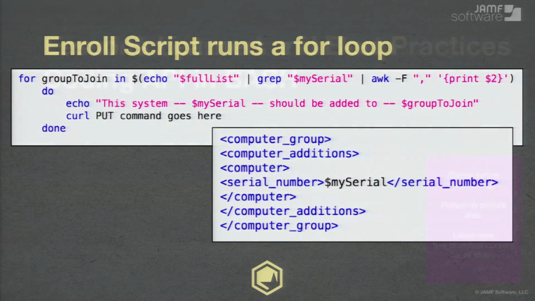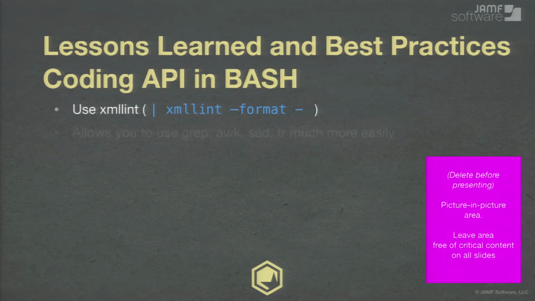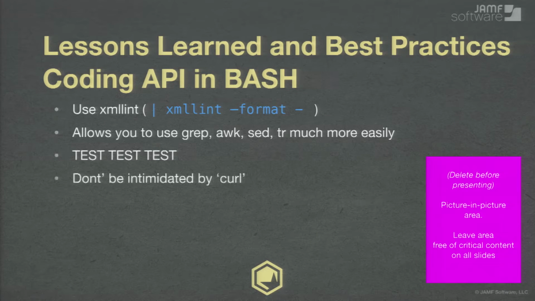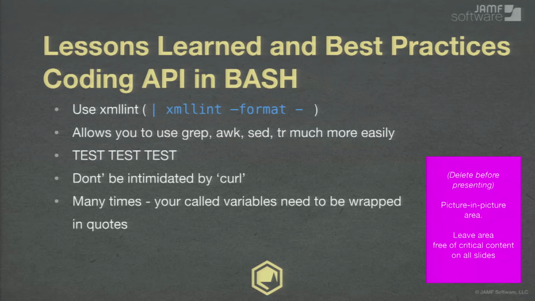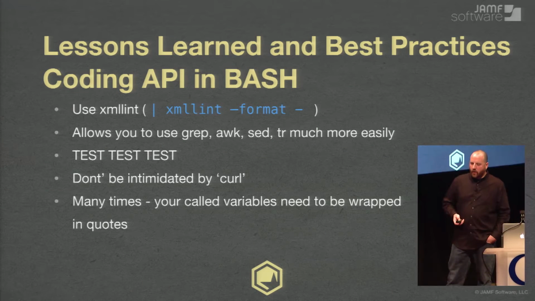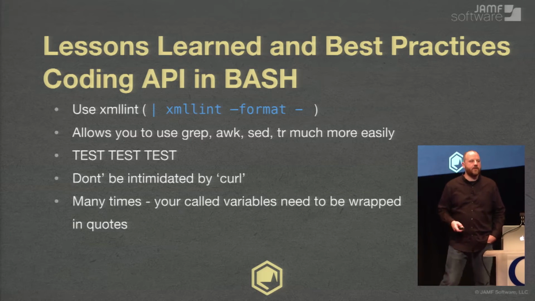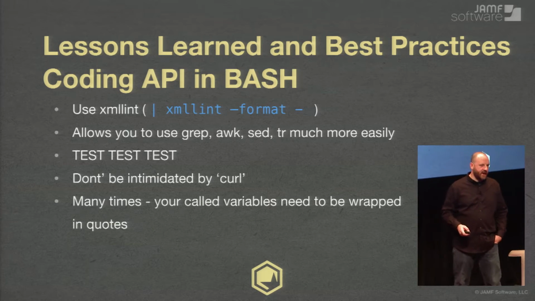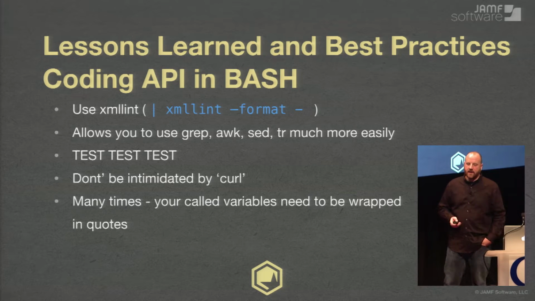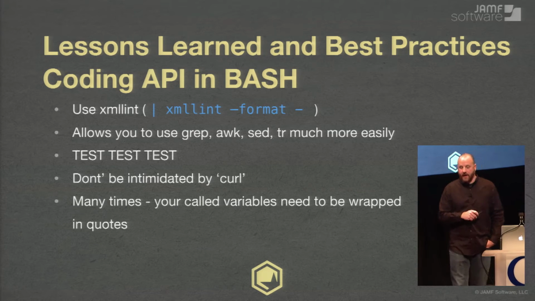So lessons learned, and a few best practices coding API in Bash. When I first started, I could script Bash fine, but I wasn't really familiar with parsing XML from the JSS API. Bryson's page helped out a lot with that.